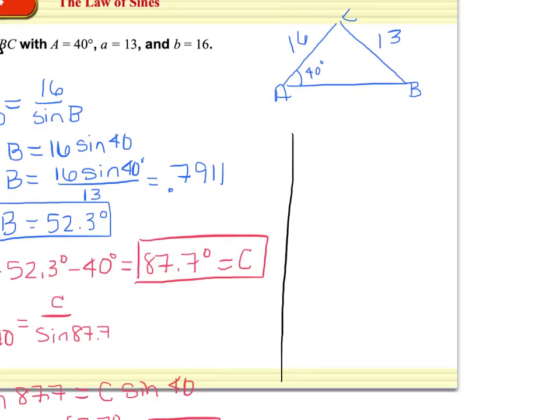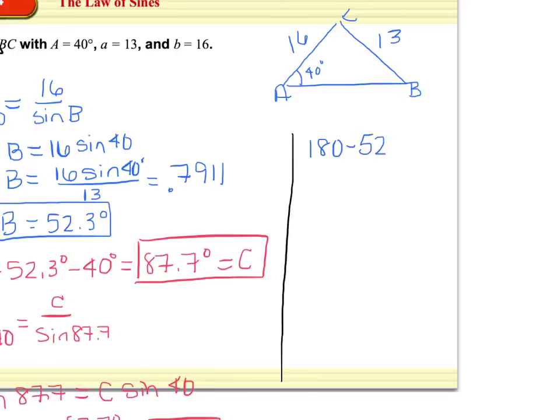Now we have a second scenario where we could possibly have a second triangle. In order to determine if we have a second triangle, we need to take our 180 degrees, which is our interior measurement, or the sum of all the interior angles added together, and subtract what we found for angle B in triangle 1.